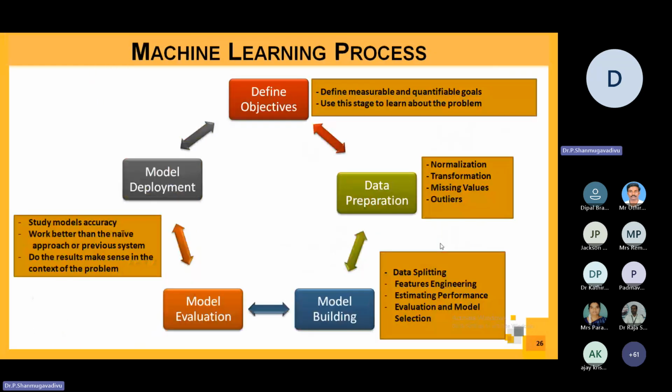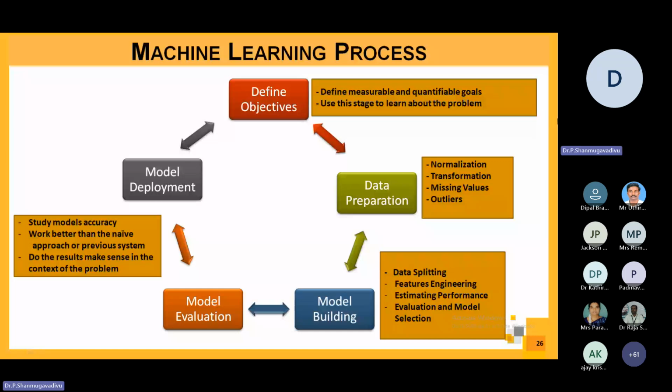So as you see the general machine learning process, we start with defining the objective, right? Define the measurable and quantifiable goal for the given problem. Use this stage to learn about the problem. Then data preparation, it involves normalization, transformation, missing values, and outliers. The computer science faculty will have good knowledge about data preparation.